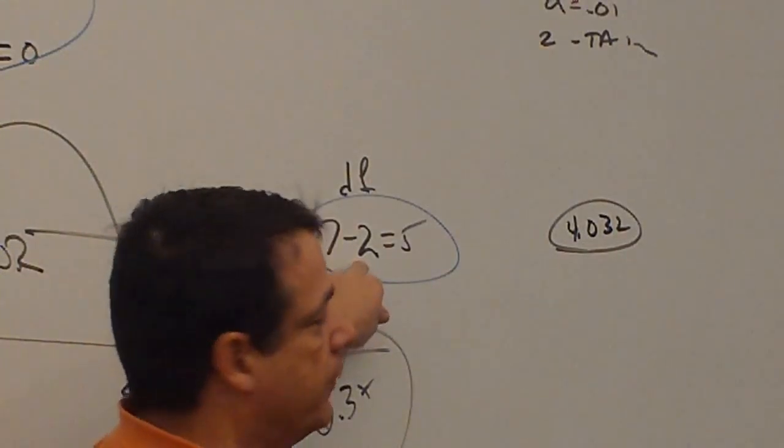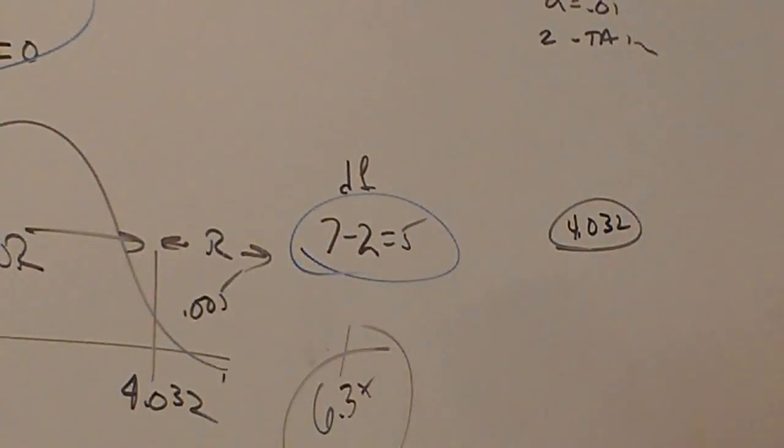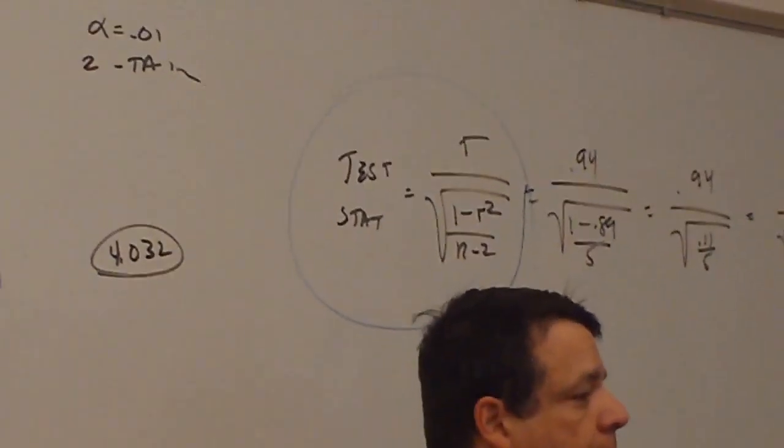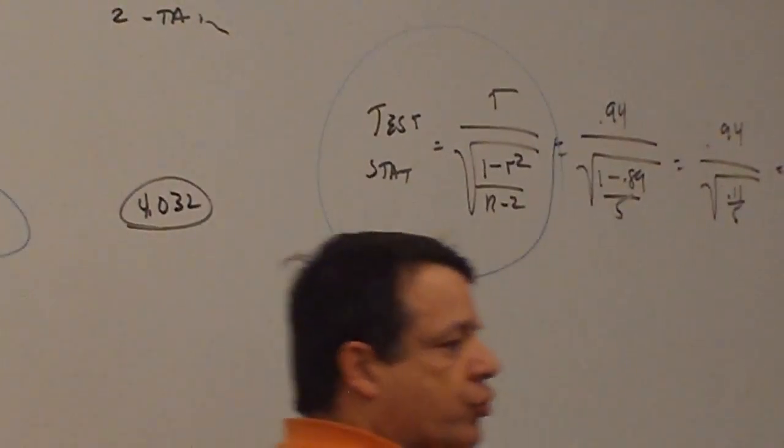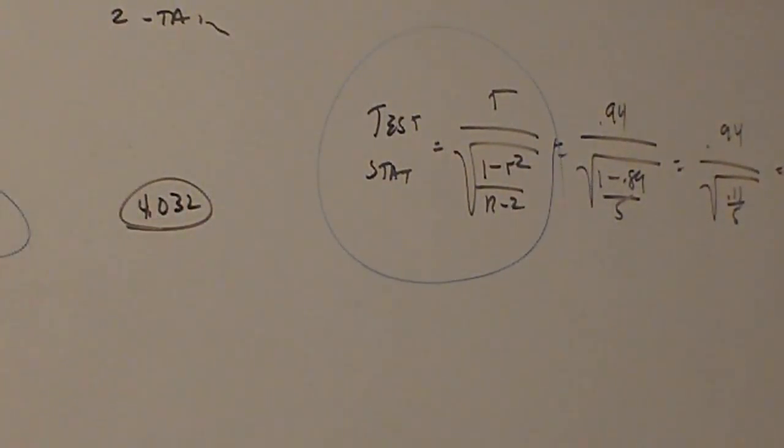That's the fact. Then on your formula sheet is this formula. That's on your sheet. So all you've got to do is plug and chug, get the number, and either reject or not reject. That shouldn't be too tough.